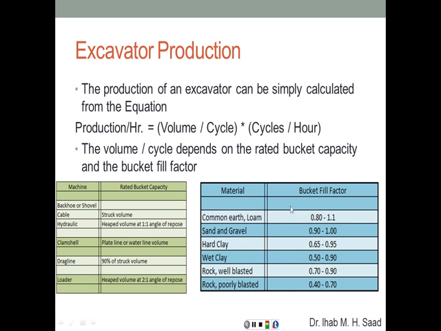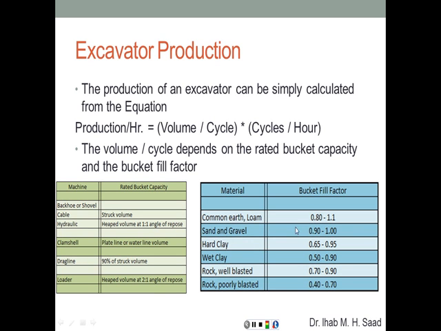Now the material fill factor, or the bucket fill factor: different types of soils have different fill factors. If it's common earth or loam, it's going to have a very low amount of voids between the particles. Therefore the fill factor is going to be anywhere between 0.8 and 1.1. 1.1 means it exceeds the capacity, there is going to be some heaping.